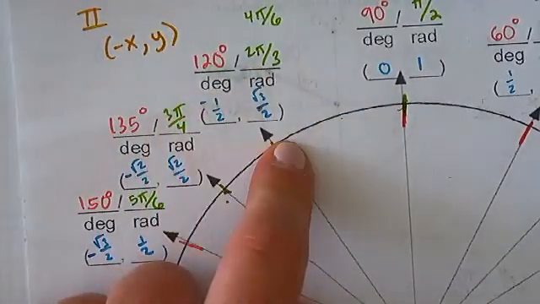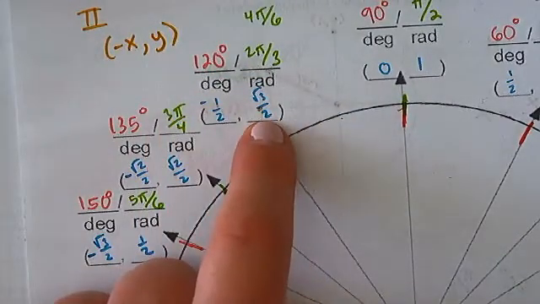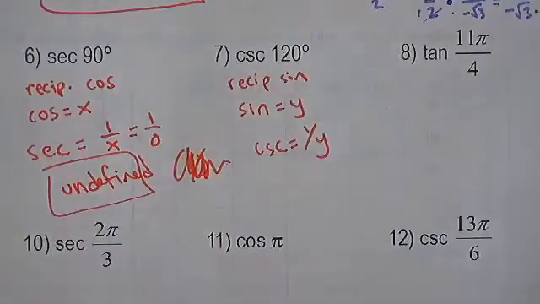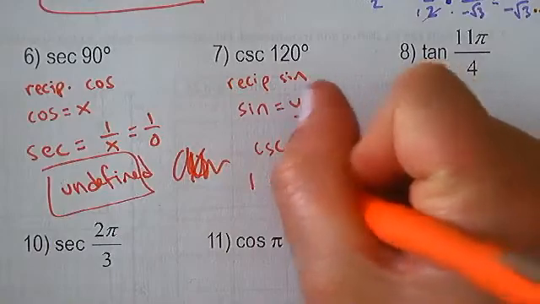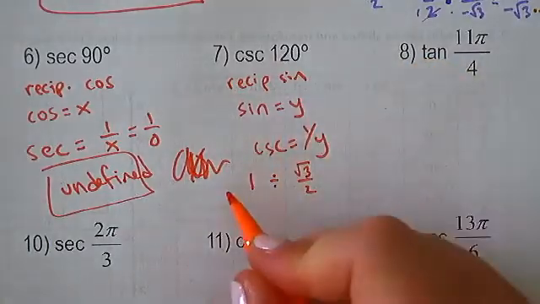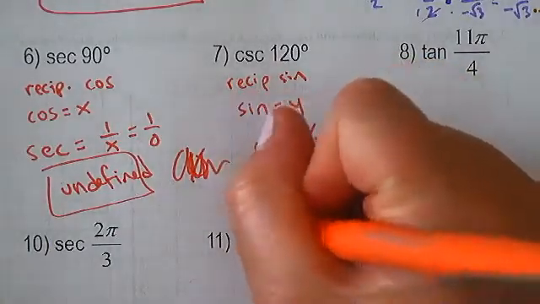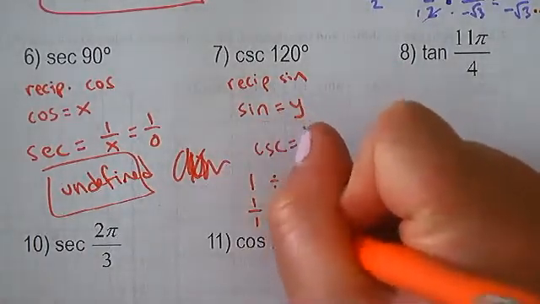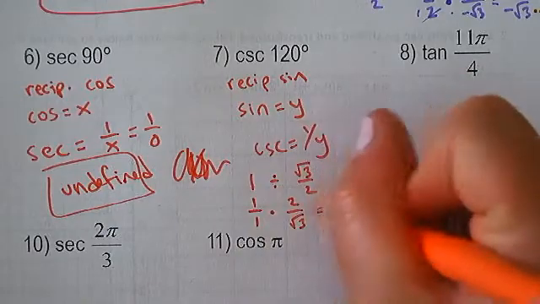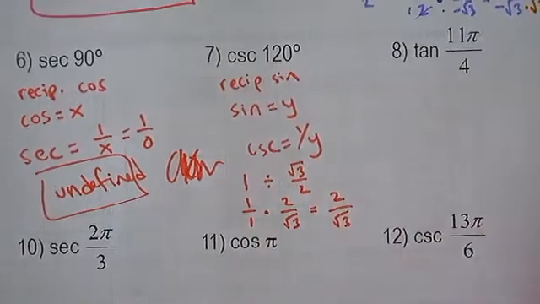Here's our coordinate point, but we're only going to look at the y value, which is positive root 3 over 2. So this is going to be 1 divided by positive root 3 over 2. Then we're going to do some KFC. I'm going to make that into a fraction, 1 over 1 times 2 over root 3. And that's just 2 over root 3.